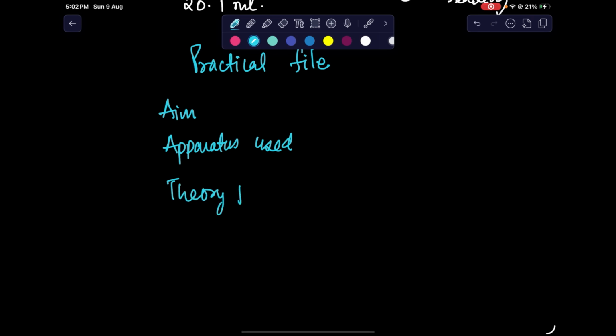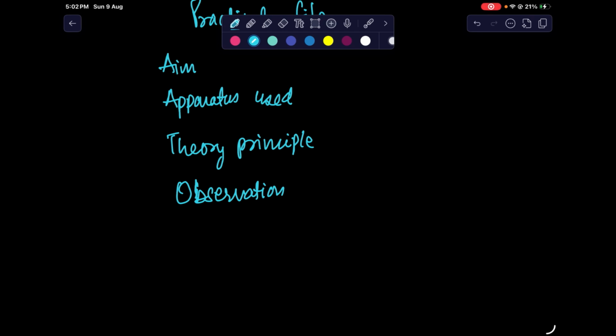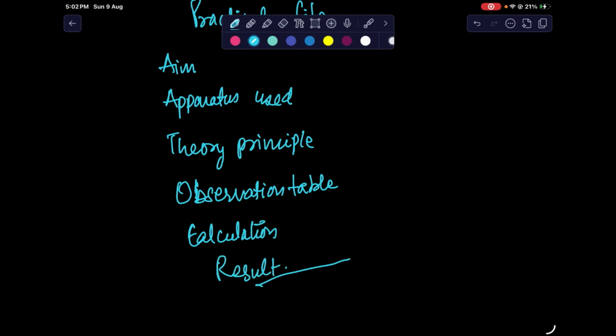You have to make the observation table. Generally we do not ask students to write the procedure during exam, because they are already performing it in the lab, but depending upon the teacher, they may ask you to write it. So observation table, calculation, and then the result, right?